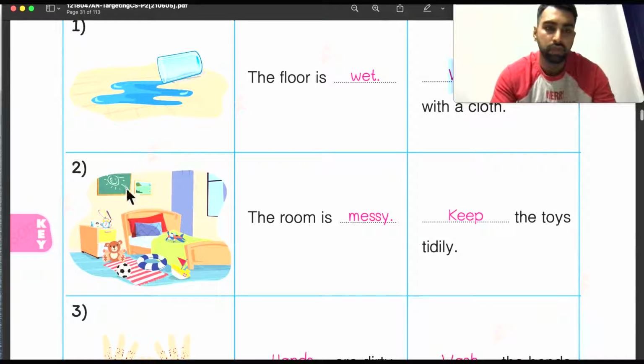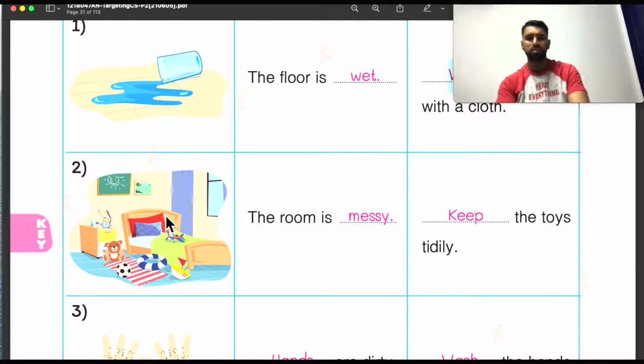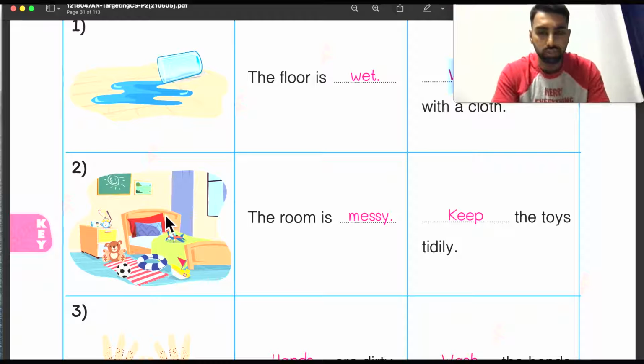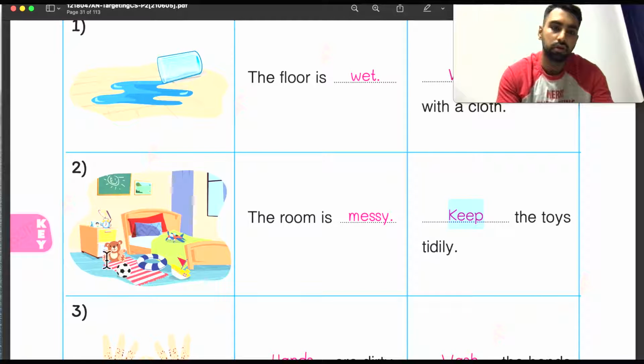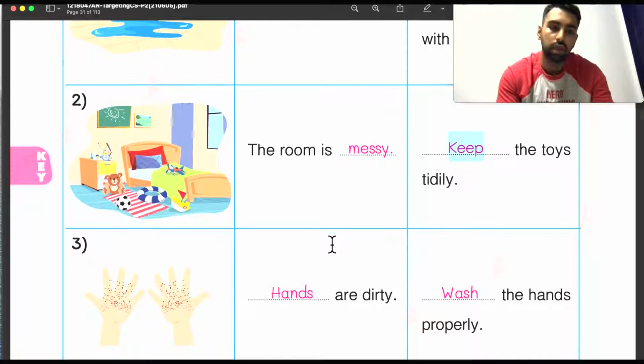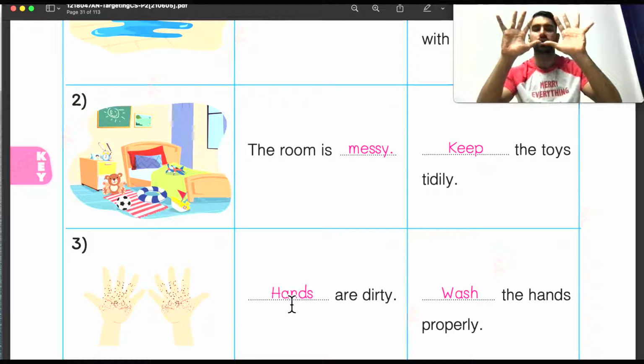All right, number 2: you can see the room is very messy. What should we do? Keep the toys tidily. So you have to clean up your toys. And number 3: your hands are dirty.